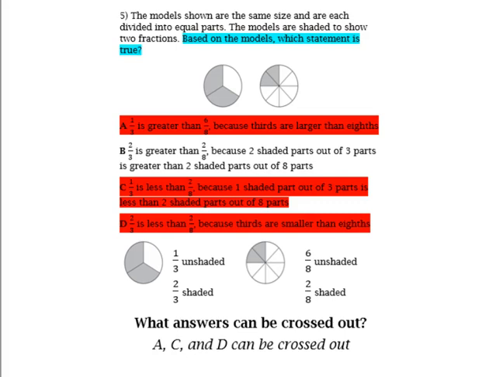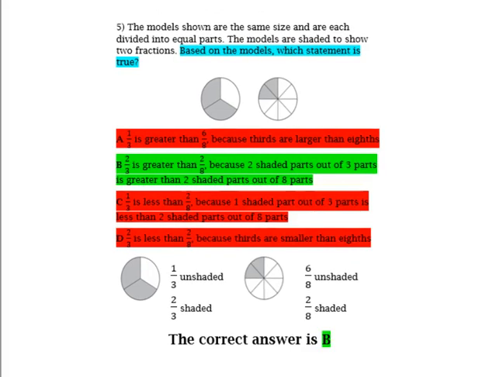And for D, 2/3, which is the shaded part on the left, is less than 2/8. In looking, you see, no, that's not correct as well. Okay, so again, that is how we were able to cross out A, C, and D. Those answers are incorrect. Our answer choice that's left is B. B is correct because 2/3 is greater than 2/8.